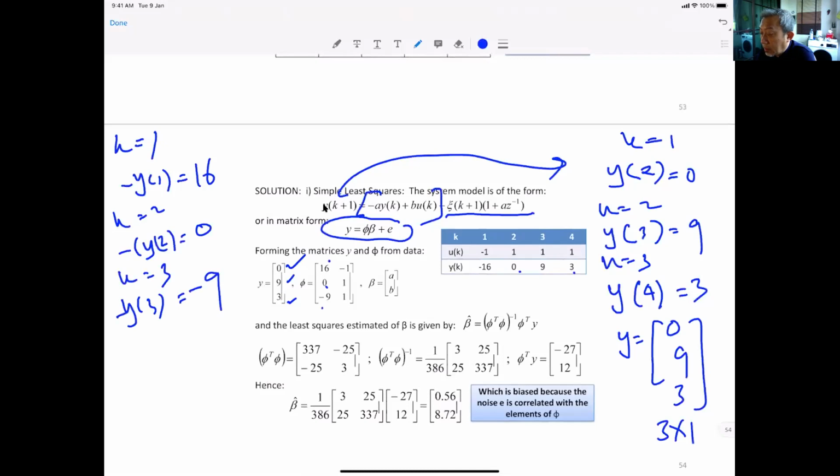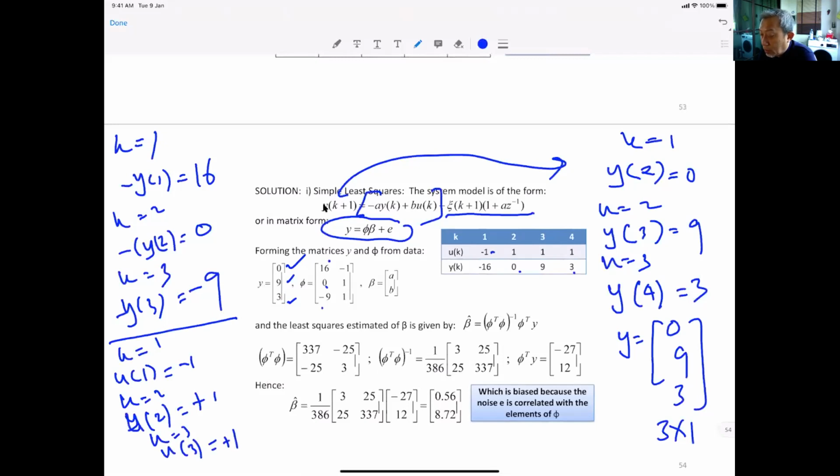Again, for the second column, which is for u k, k is equal to 1, u1 is minus 1. k is equal to 2, u2 is equal to positive 1, and k is equal to 3, u3 is equal to 1.